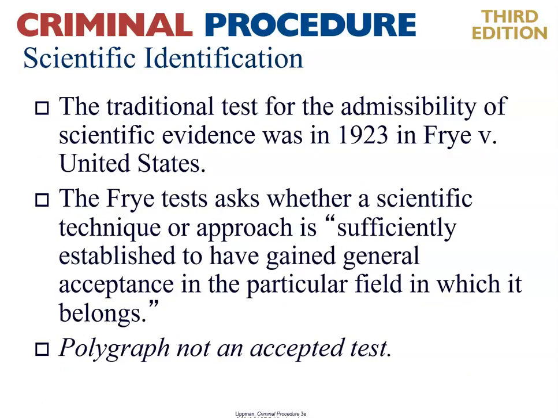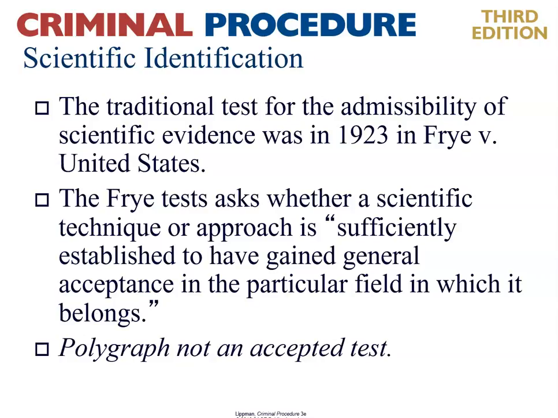Now, some of the tests that came about: the traditional test for the admissibility of scientific evidence was in 1923 in the Frye versus United States case. Here, the Frye test asked whether a scientific technique or approach is sufficiently established to have gained general acceptance in the particular field in which it belongs.